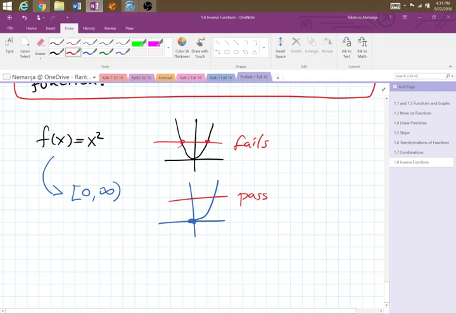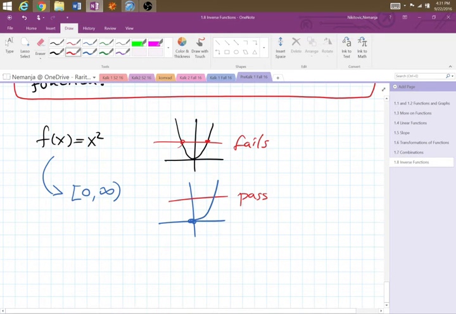To find the inverse function, you swap x and y. You go through algebra to isolate y. And since it passed the horizontal line test, you will have it as a function. If it didn't pass the horizontal line test, the inverse still exists, but the inverse would not be a function, because if you graph the inverse, you will fail the vertical line test.